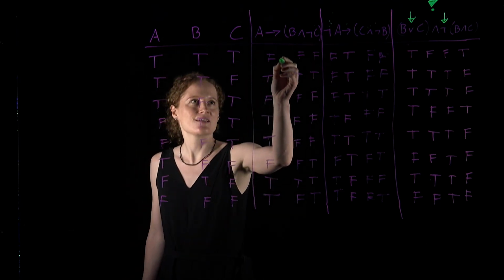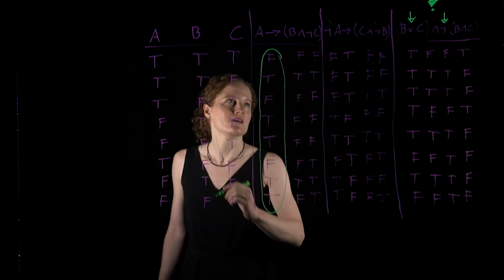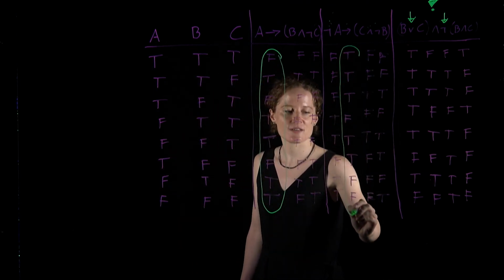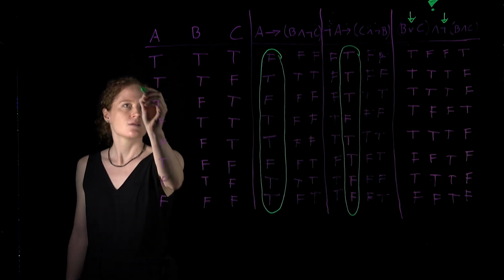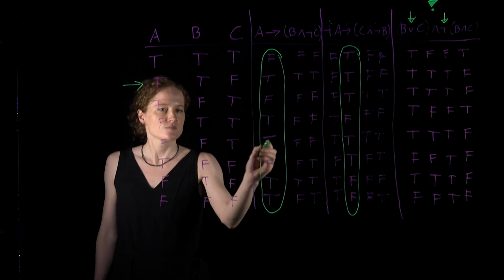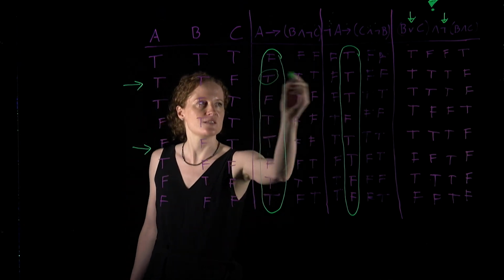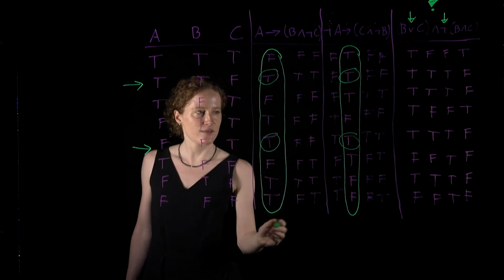We need to look at the column under the main connective of the first premise, and also the column under the main connective of the second premise. Now, where are both of these true? Well, that's the case in the second row, and then again in the fifth row here. So we have T, T, T, T. And that's it.